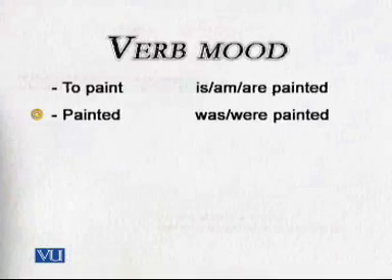So, the past form of the verb is taking was and were as auxiliary, and the present form of the verb is taking is, am, are as auxiliary. So it will be bakes into is, am, are baked, and baked, the second form, will be into was or were baked.